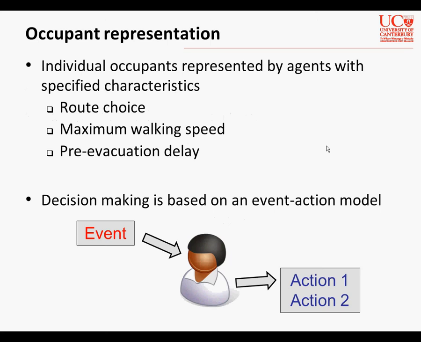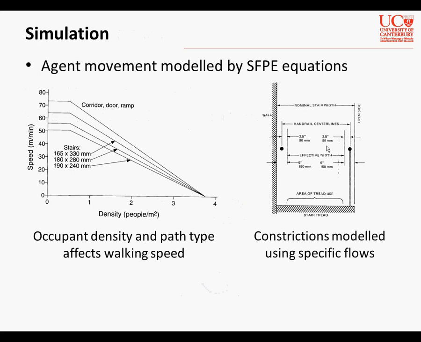Agent decision making is based on events being applied to those agents that then result in one or more potential actions. Agent movement is modelled by the standard SFPE equations. Occupant density and path types affect walking speed, and constrictions are modelled using specific flows.